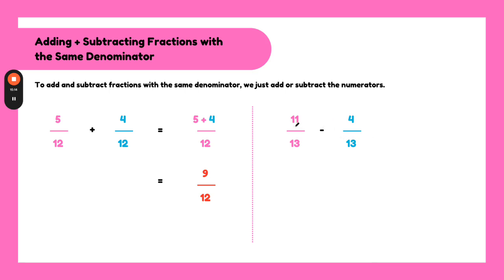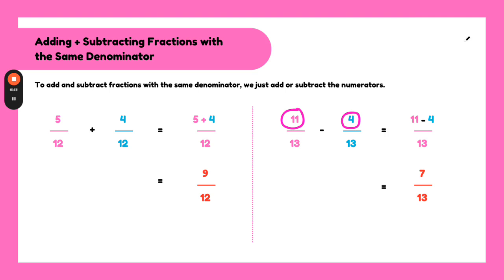We need to subtract both numerators, which will give us our answer. So we take 11 minus 4. 11 comes from the first fraction's numerator, and 4 comes from the second fraction's numerator. So we do 11 take away 4, and this is all over 13. And 11 take away 4 is 7. So our answer would be 7 over 13.